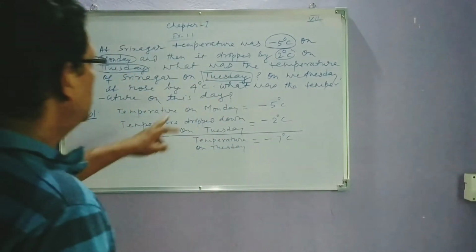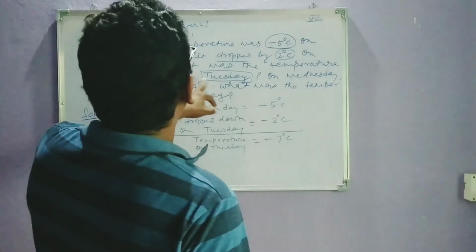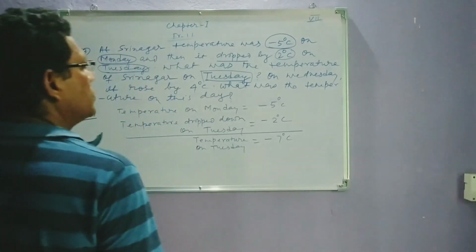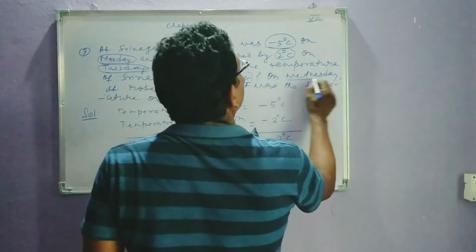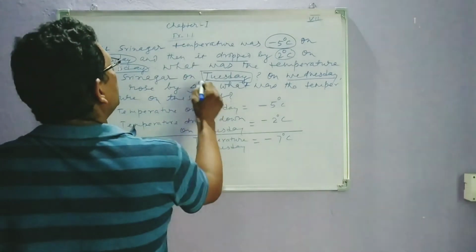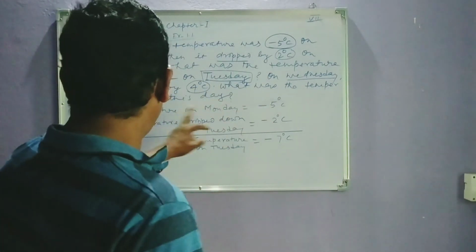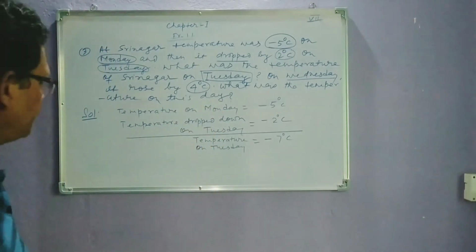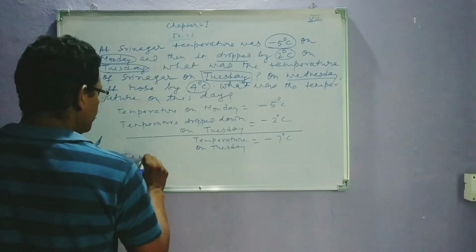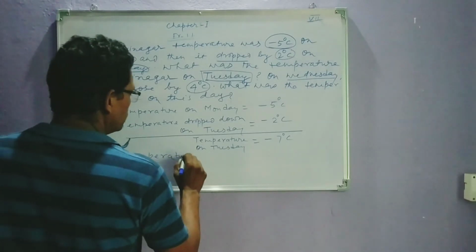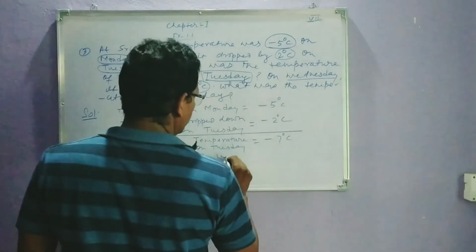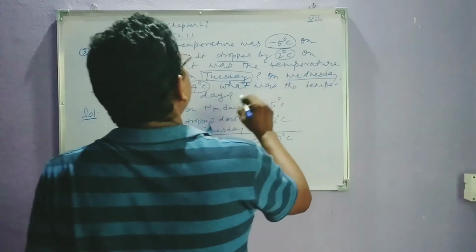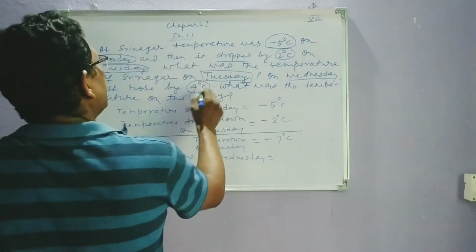Now it is said that on Wednesday it rose by 4 degrees Celsius. What was the temperature on this day? So we have to find out the temperature on Wednesday. The temperature is rising by how much? 4 degrees Celsius.